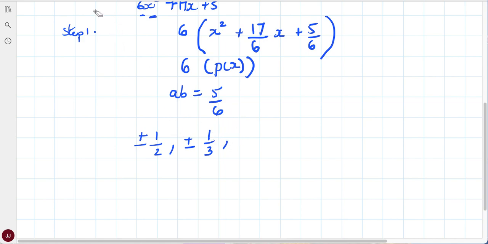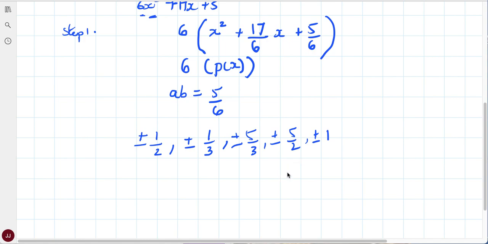And what else? Plus or minus 5 by 3, plus or minus 5 by 2, plus or minus 1. 1 is always going to be a factor for all of these, right?